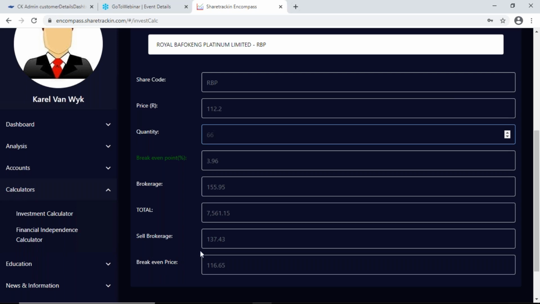In other words, if I did my analysis and it shows me I can buy in now, if I buy in at 112 Rand and 20 cents, this share must at least grow up until 116 Rand and 65 cents in order for me to make my money back. Anything above this would then be my profit.